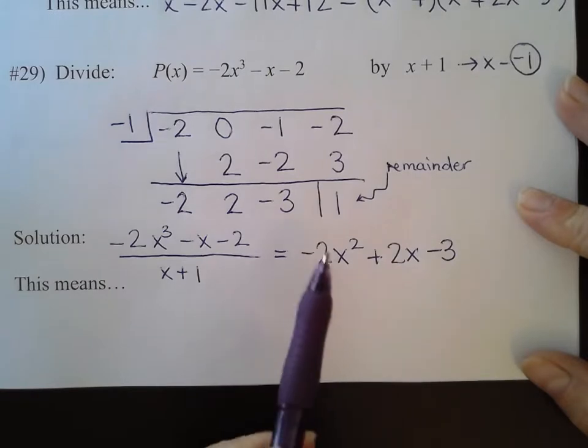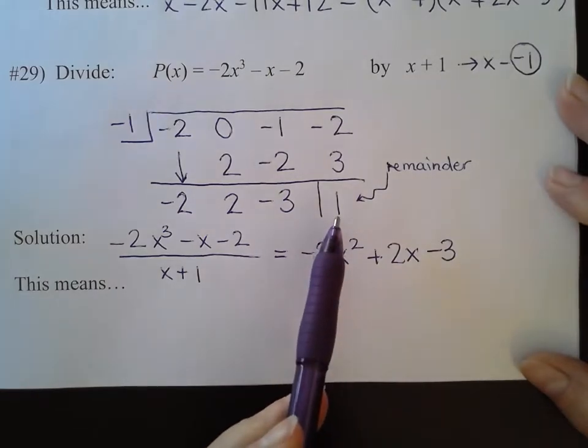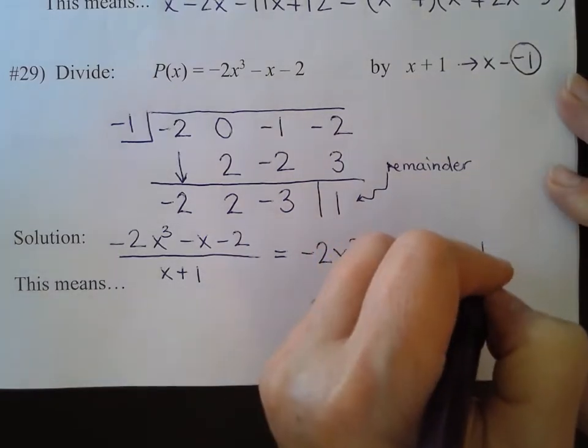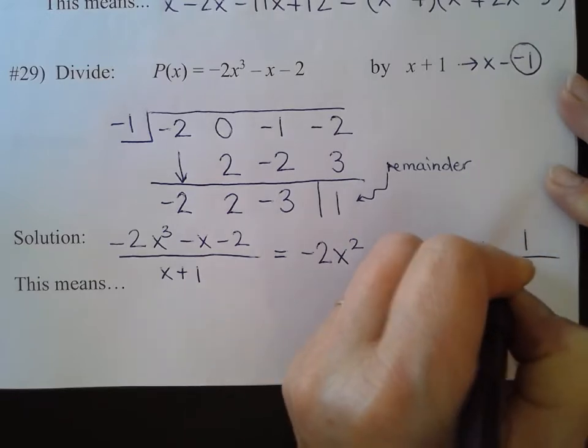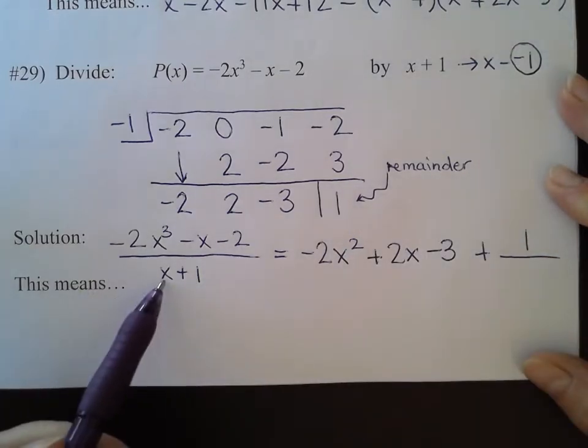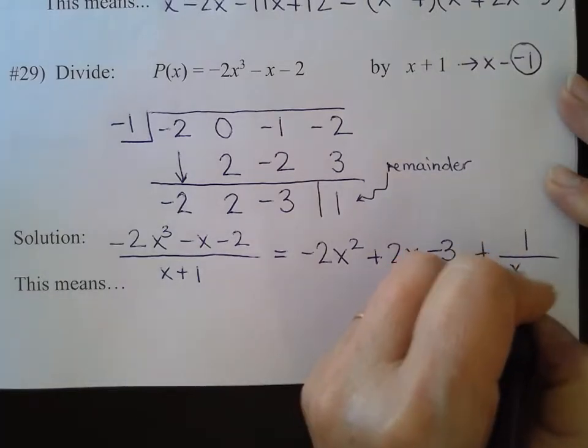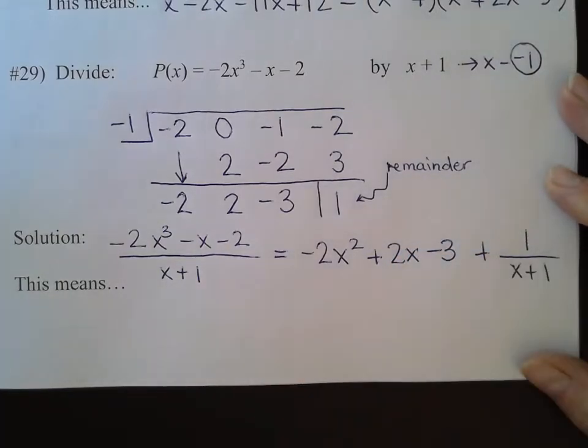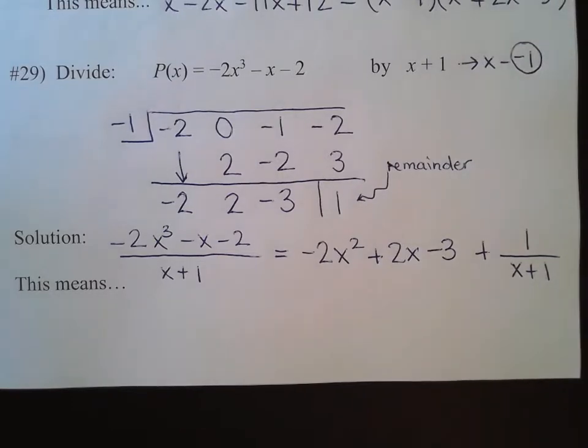This is the first time so far that we've had a remainder. So we're going to add the remainder over the divisor, because the 1 did not get divided. And so it stays over x plus 1. Okay, this one did not divide in evenly, so we cannot write it in that factored format.